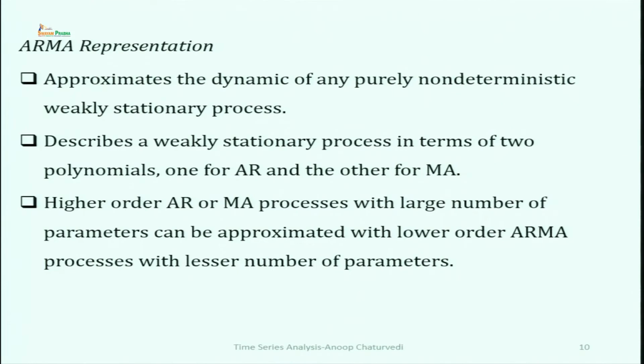So, you can approximate a process involving a large number of parameters, an autoregressive process or moving average process, by an ARMA process involving much smaller number of parameters. So, that is the advantage of using ARMA processes.